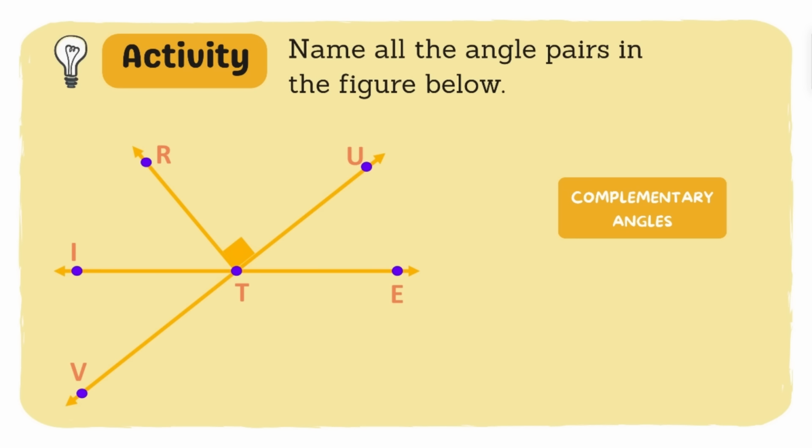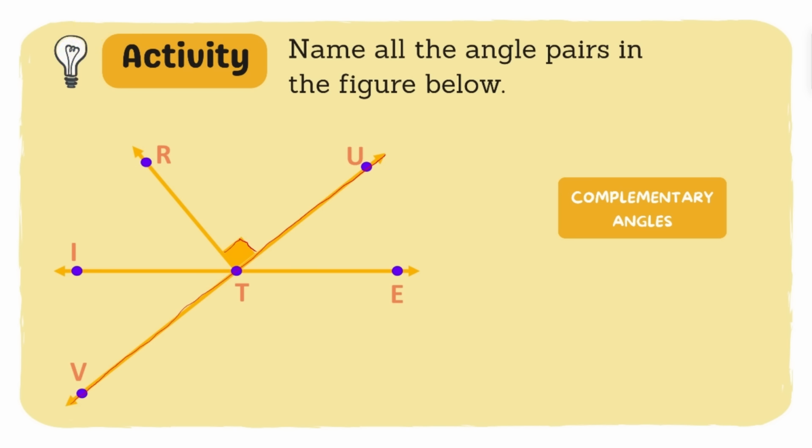Alin sa mga ito ang complementary angles? Okay, as you can see, iisa lang naman ang 90 degrees dito. We only have angle RTU. Ito lang po. Now, if this is 90 degrees, at makikita natin na meron tayong straight line, so we have this line here.